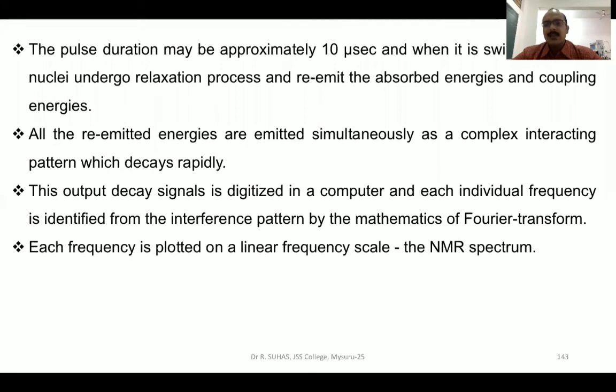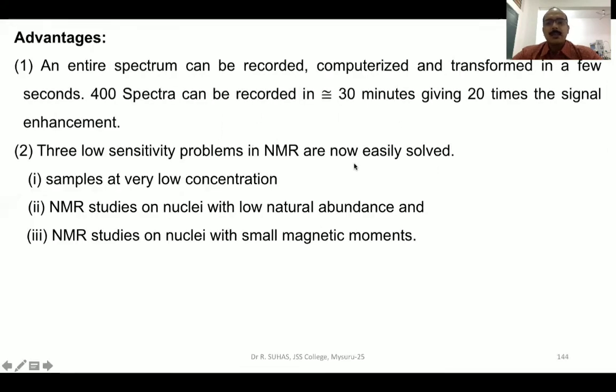As a result, a complex interference pattern is obtained. This pattern is digitized in a computer, and each individual frequency is identified from the interference pattern by means of Fourier transform mathematics. Then we plot the frequency on a linear frequency scale, and that is called the NMR spectrum, which is obtained on the output of the instrument, that is, the computer.